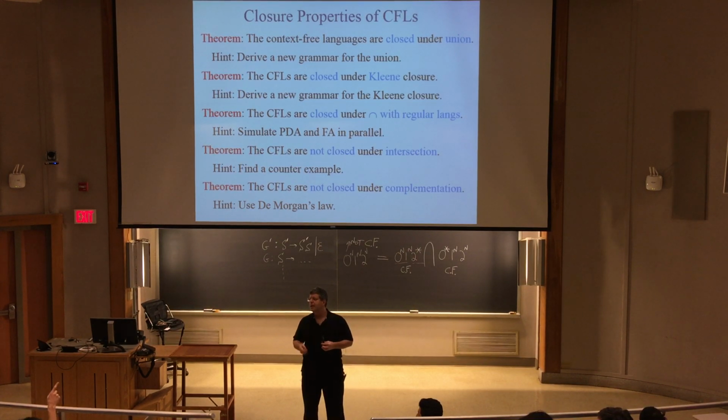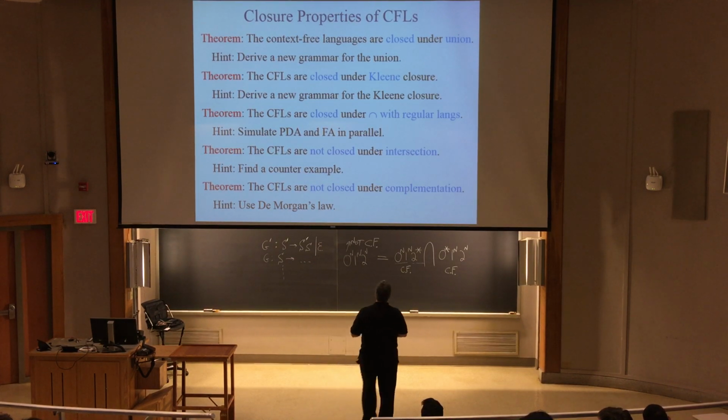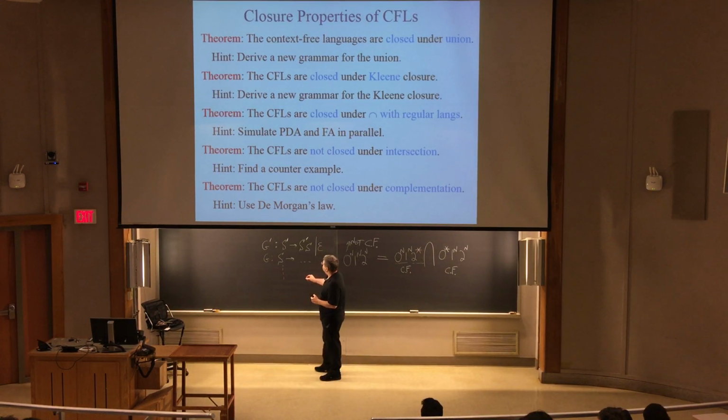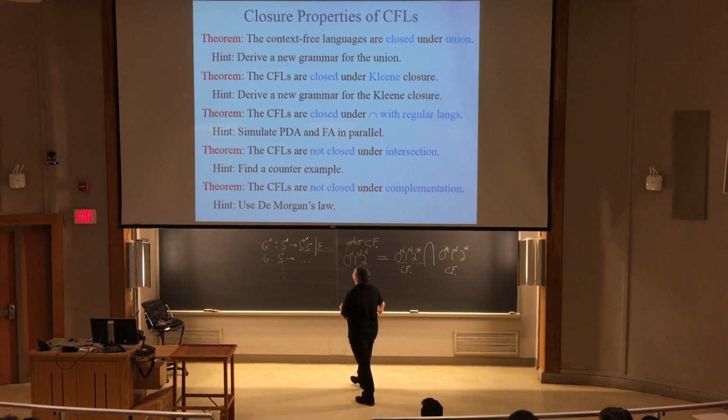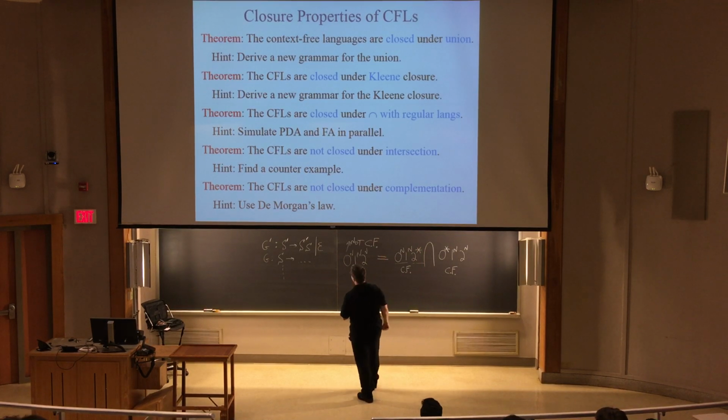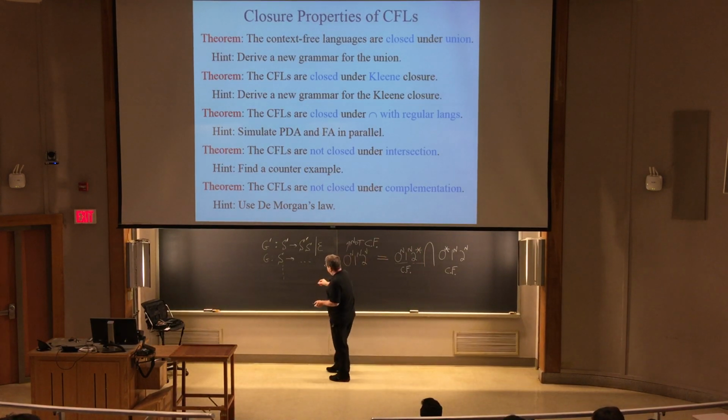I was going to say because union is closed, intersection is not closed. So if you try to show closure under complementation and or closure under intersection, if you have two sets, let's call them L1 and L2.